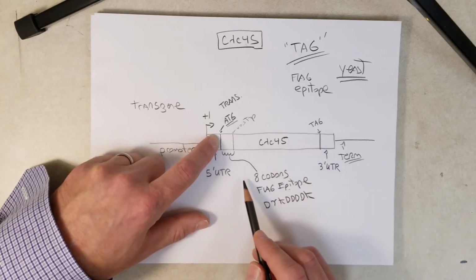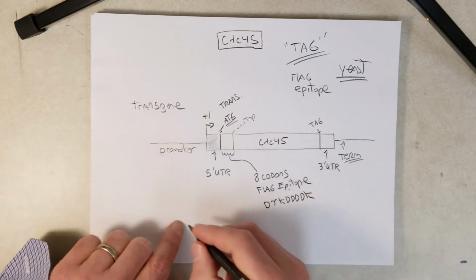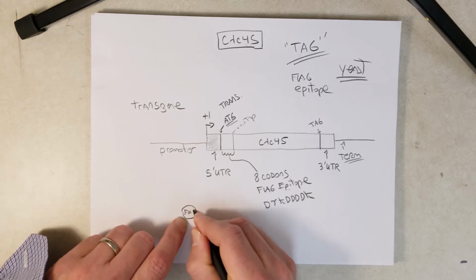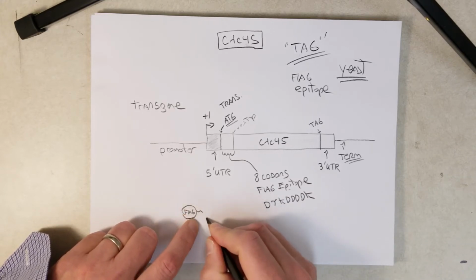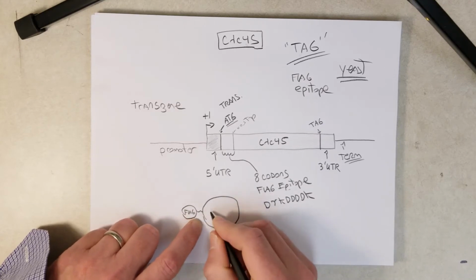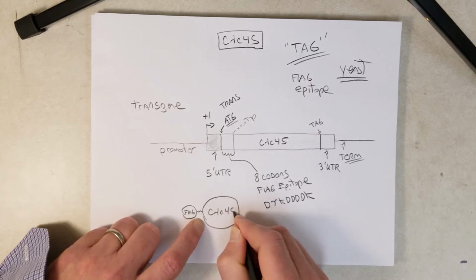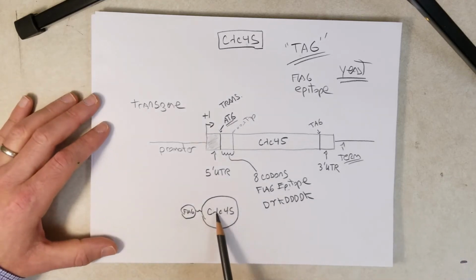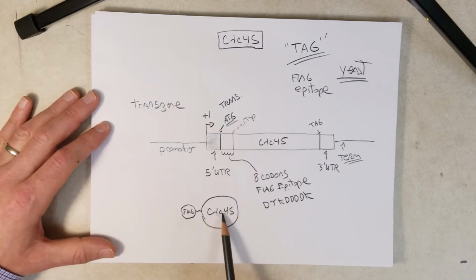And what we'll end up with after translation is a fusion protein. So at the very beginning here, we'll have flag, and then down here, we'll have the CDC45 protein. Now, some of you might be wondering, will this function? Most of the time it does.